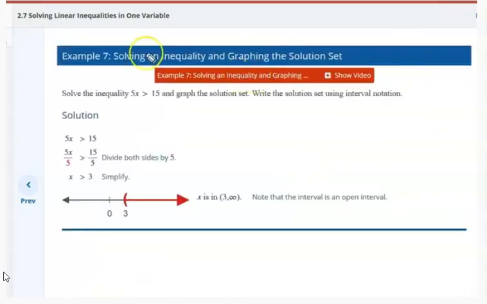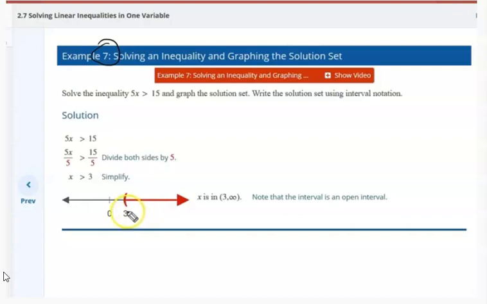And of course, example 7 now. Again, it's straightforward, just as it would be with an equation. You're going to divide by the coefficient of x, which is a 5. Again, it's positive, so the signs don't change, and you get x is greater than 3.